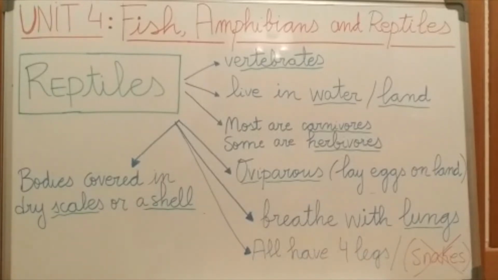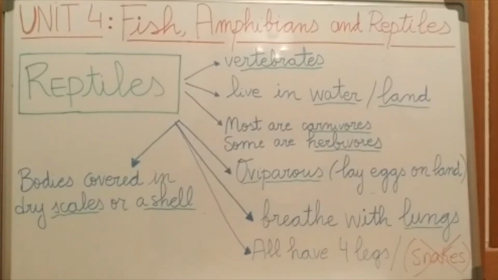They have a backbone. Reptiles also live in water or on land. Think about crocodiles. Crocodiles can live in water and also on land. They can live in both places.